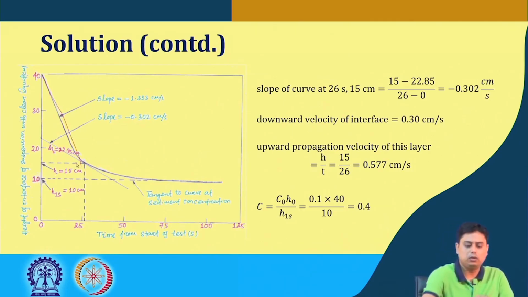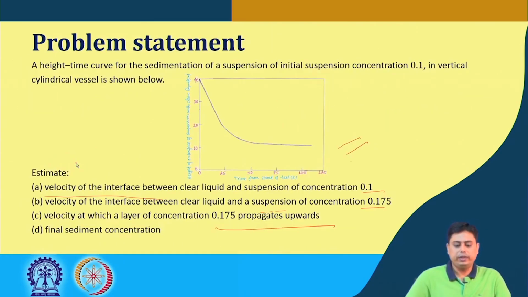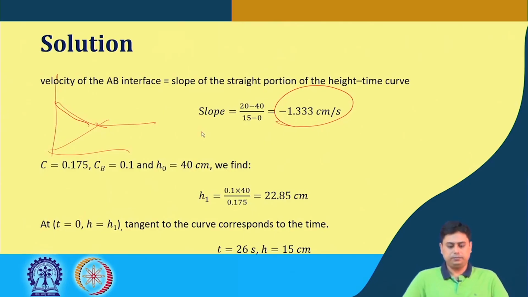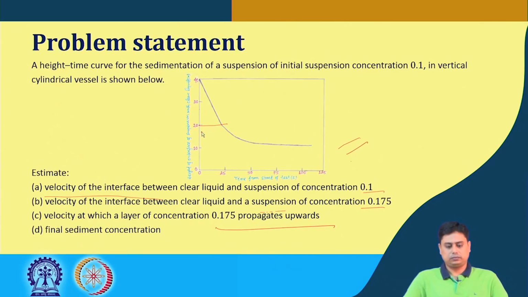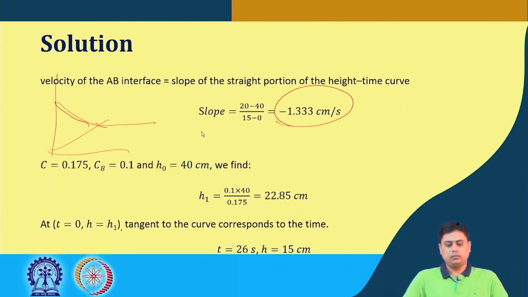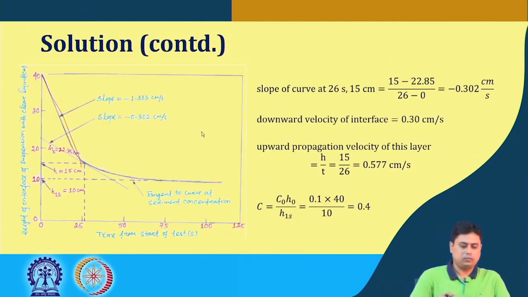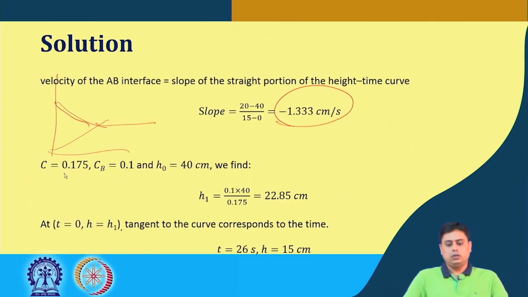From the graph we can find this value: 40 minus 20 divided by 0 minus 15.